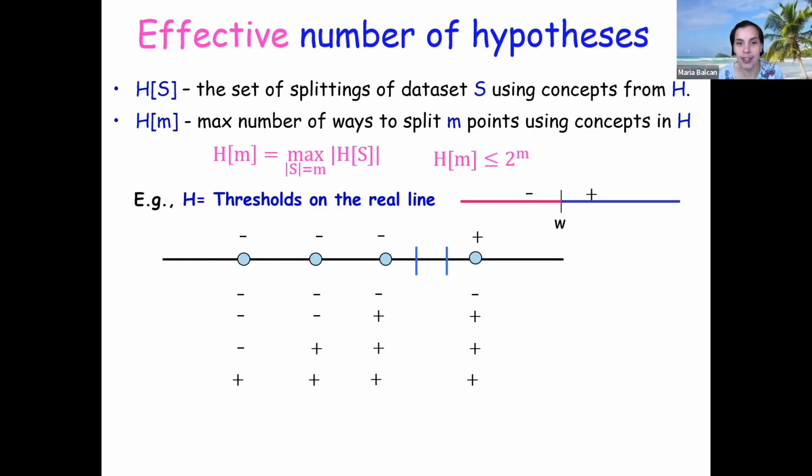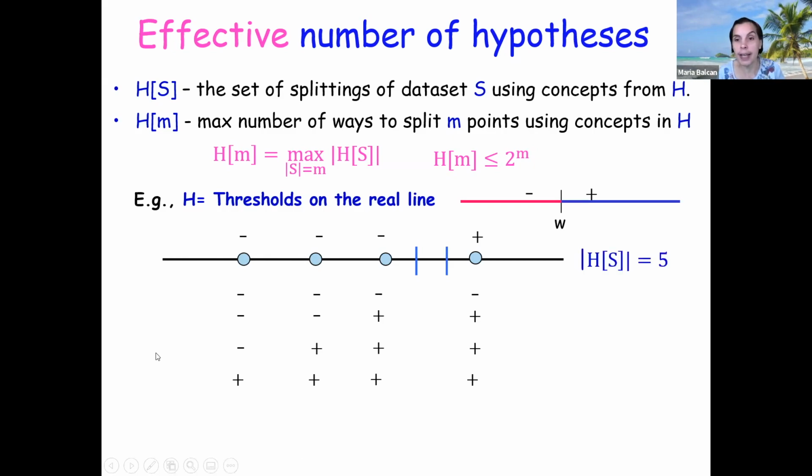Because I can put the threshold in the first segment here, or the second segment, the third segment, the fourth segment, or the fifth segment. I have basically 5 different places where I can put the threshold to produce a different labeling. And these are the labelings I can obtain using thresholds on these 4 points.